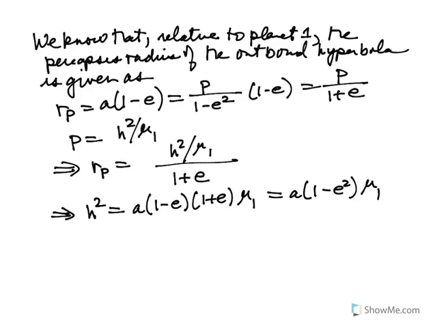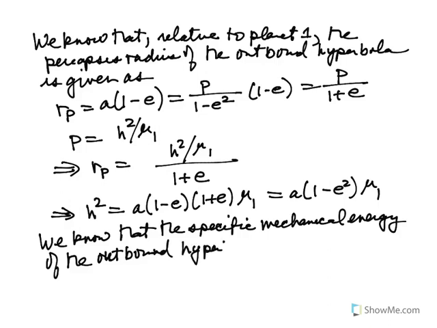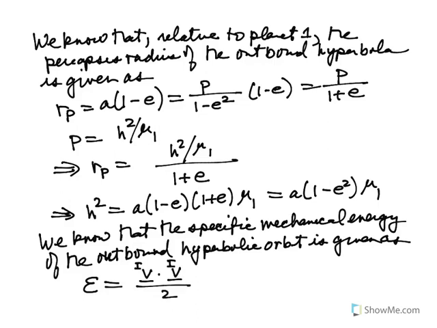Now we can use the energy. So we know that the specific mechanical energy of the outbound hyperbolic orbit is given as follows: E is equal to VI dotted with VI over 2, minus mu over R, evaluated at the right point.